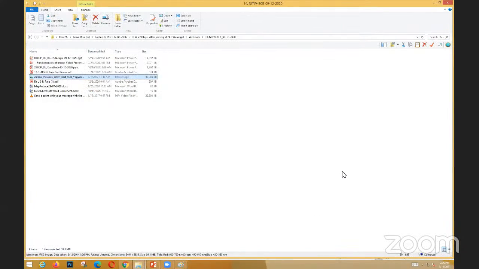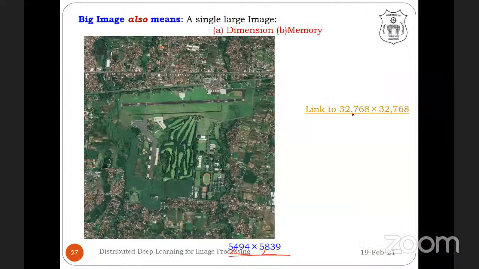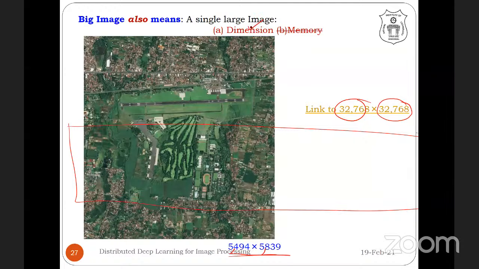But actually, we ourselves have created, using Adobe Photoshop, an image of dimension 32,000 by 32,000. Then you can try to imagine what the dimension is going to be when it is 32,000 by 32,000. And we have written the code, using distributed systems, to handle such kinds of images. This is also one aspect of big image data processing we are talking about, that is with respect to dimension.